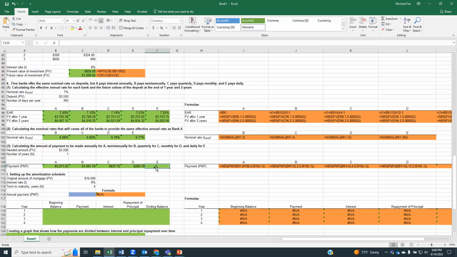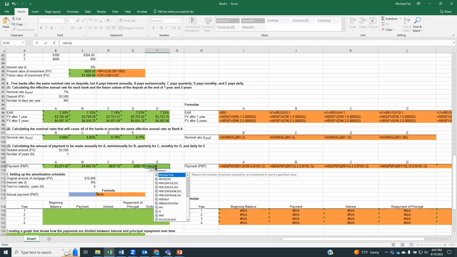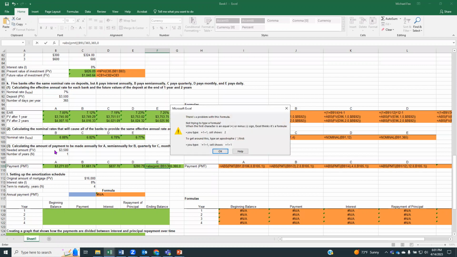And finally, daily. What would our daily payments be? So equals absolute value PMT. 7% divided by 365, 365 periods in a year when they're daily periods. Present value is 0. Future value 3,500.